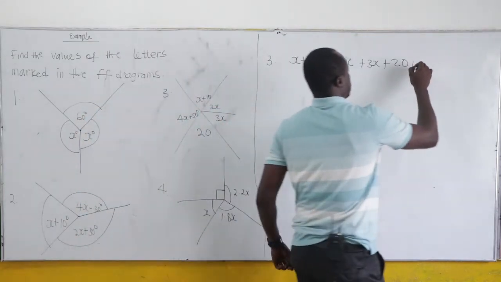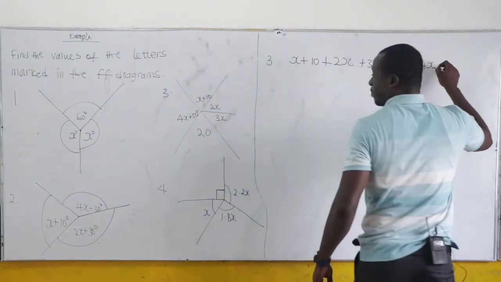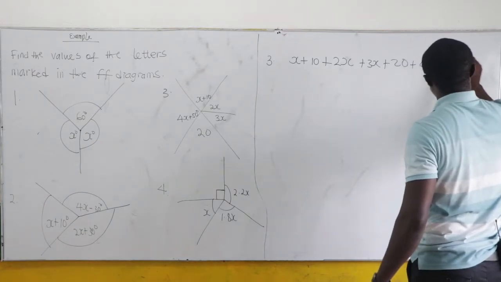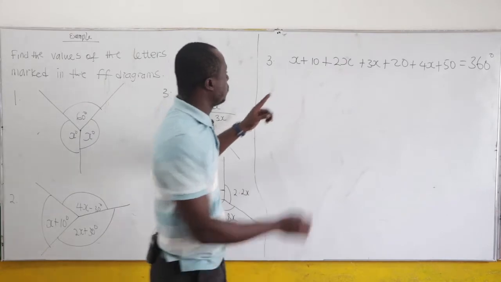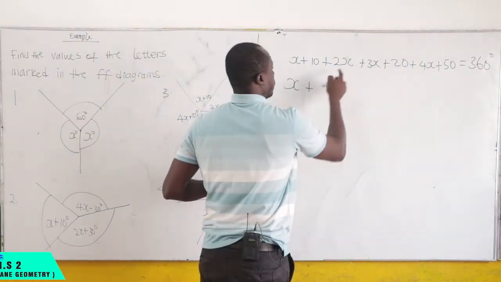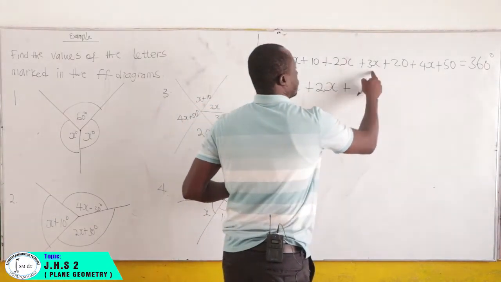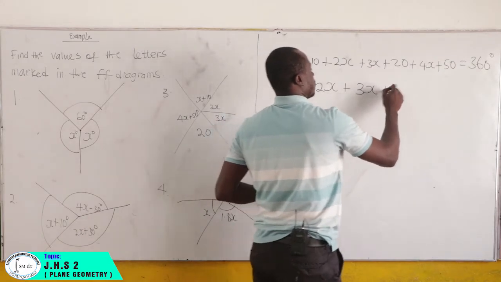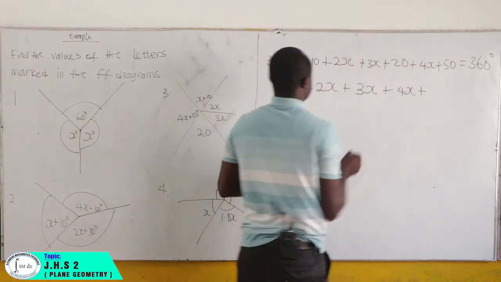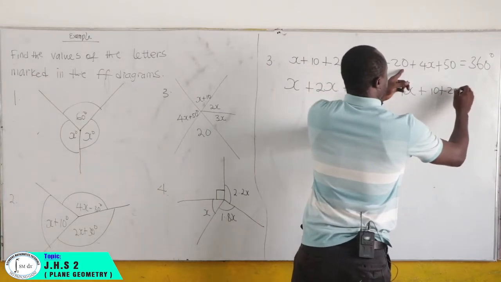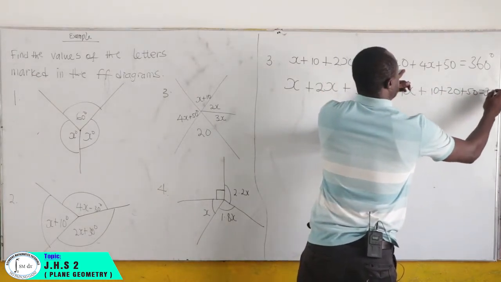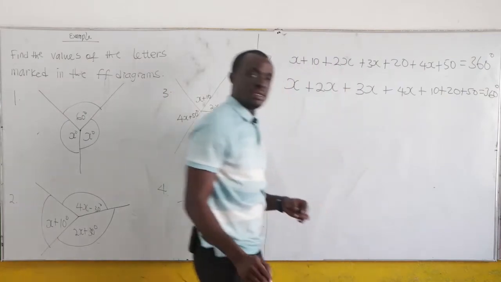Plus 4x, plus 50, and this is equal to 360 degrees. Now let's group. We have x, we have 2x plus 3x plus 4x. Now let's see the other one, you have 10 plus 20 plus 50, and this is equal to 360 degrees.